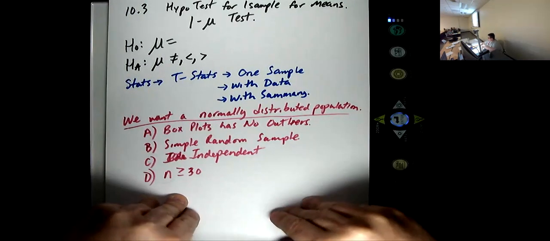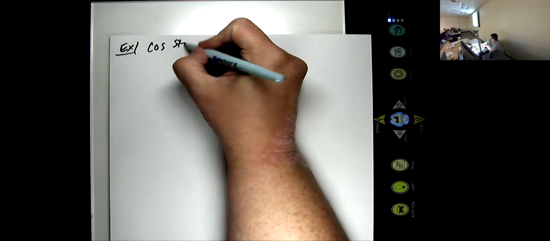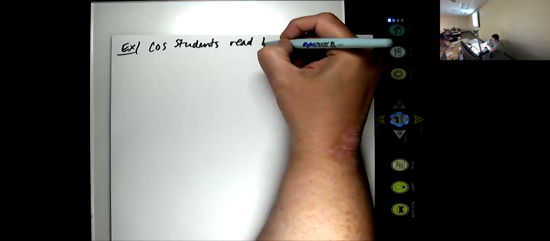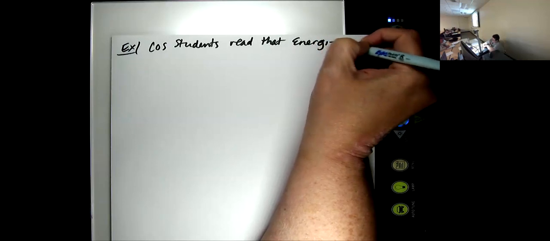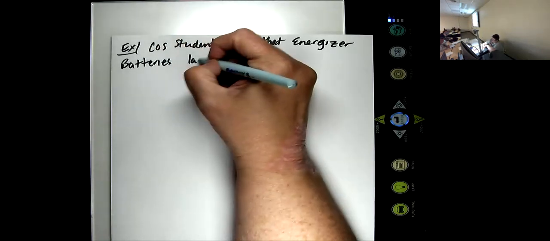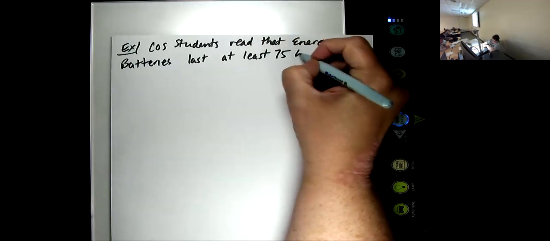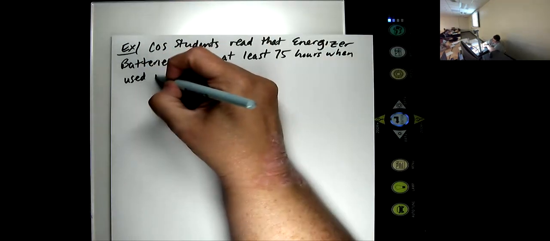All right, so this is from our lecture notes that I have online, in the 10.3 section. COS students read that Energizer batteries last at least 75 hours when used in a simple LED flashlight.